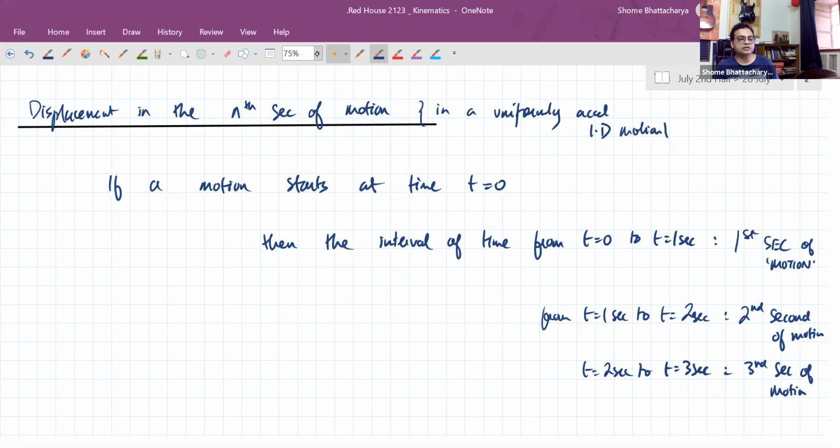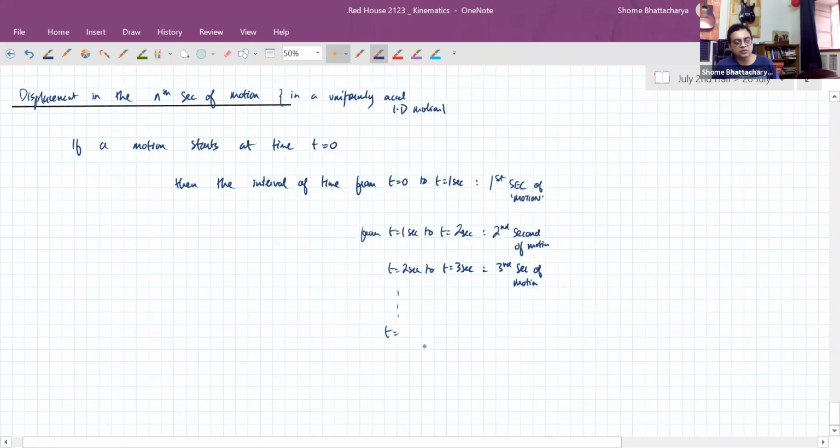So like that, in general, from t equal to n minus 1 seconds to t equal to n seconds, that interval of time is called the nth second of motion.